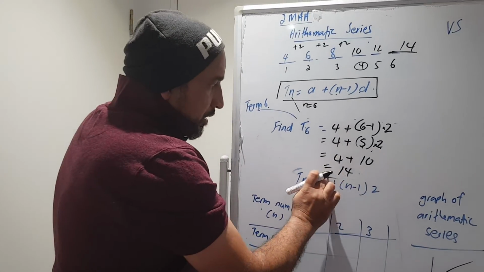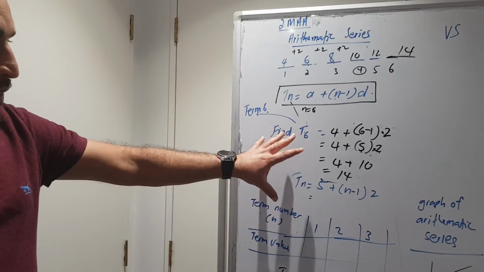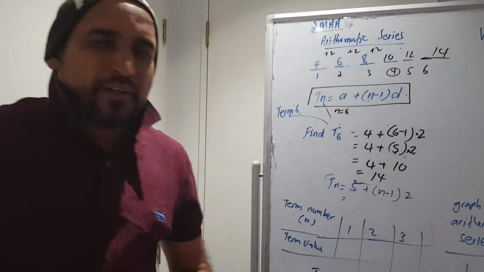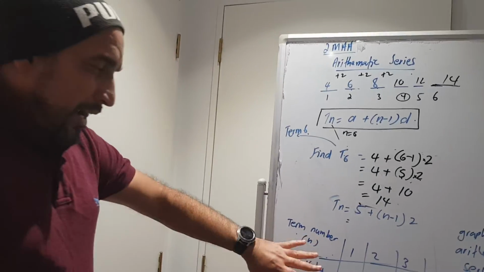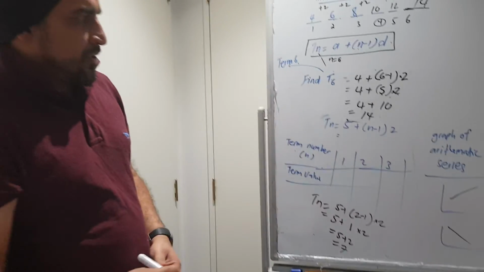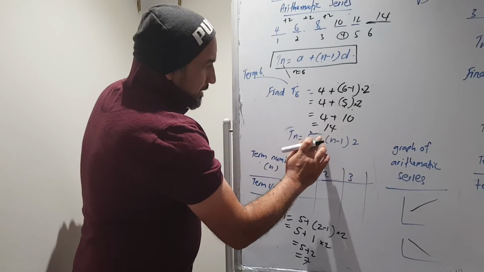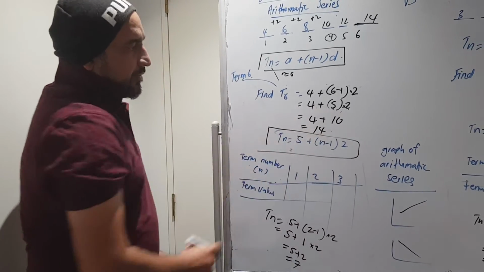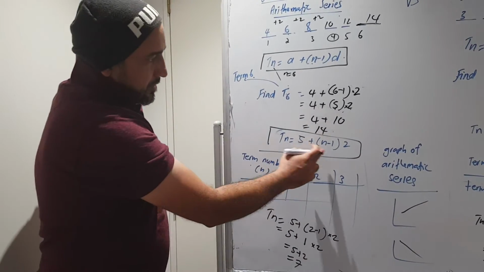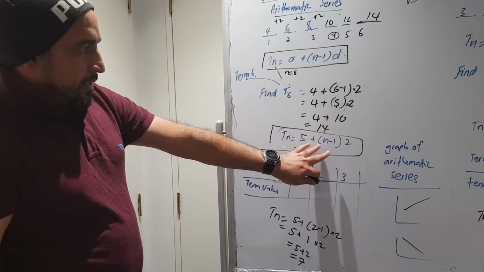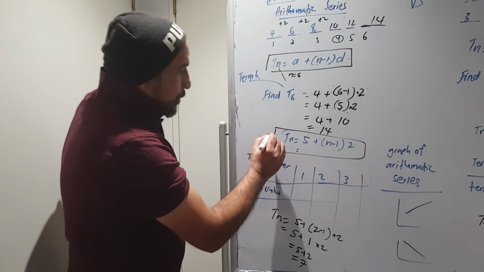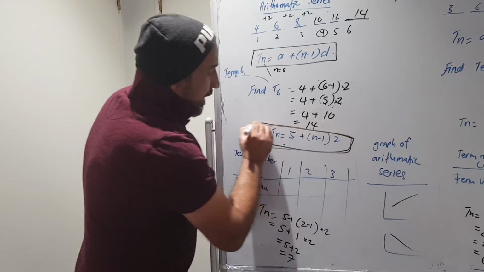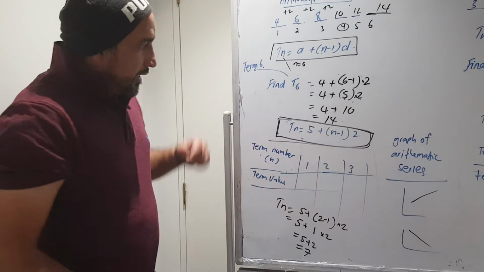Based on this, the exercise on Education Perfect that I have given you might have you fill a table. If I give you a general equation where the first term is 5 plus n minus 1 times 2, you are given this formula and you have to fill the table.